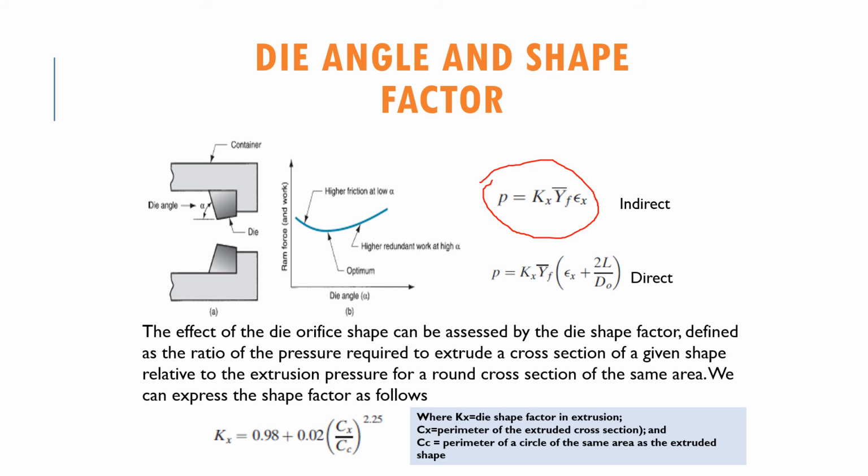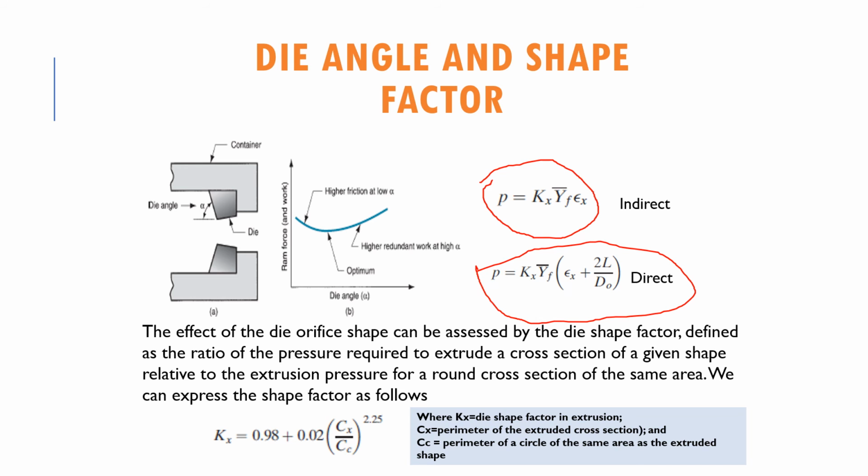For the indirect process, it is calculated by P equal to Kx Yf epsilon x directly. But for direct extrusion, it is calculated using this equation: P equal to Kx Yf epsilon x plus 2L over d naught. So this one is for direct extrusion.